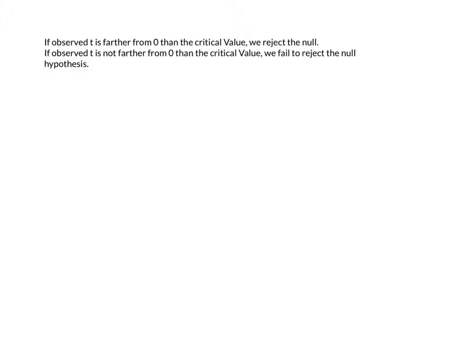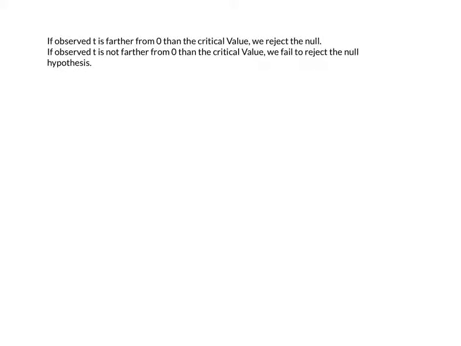So now what has to happen is we have to compare our observed t-test statistic to our critical value. So if our observed t, and we observed a t-test statistic of 0.65, if that is further from 0 than our critical value, which we got to be 3.182, we reject the null.